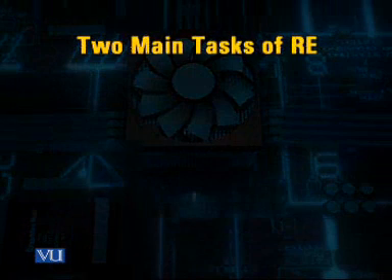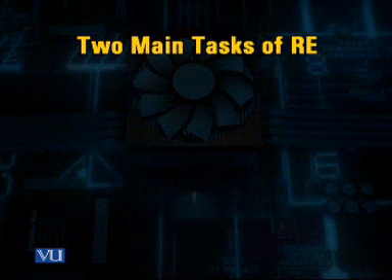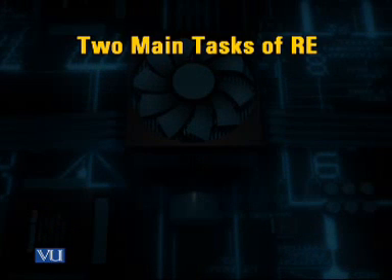when it's finally developed. We had said that these are the two main tasks, but one thing that should be highlighted here is that these two steps are not sequential. They run in parallel and they run iteratively.